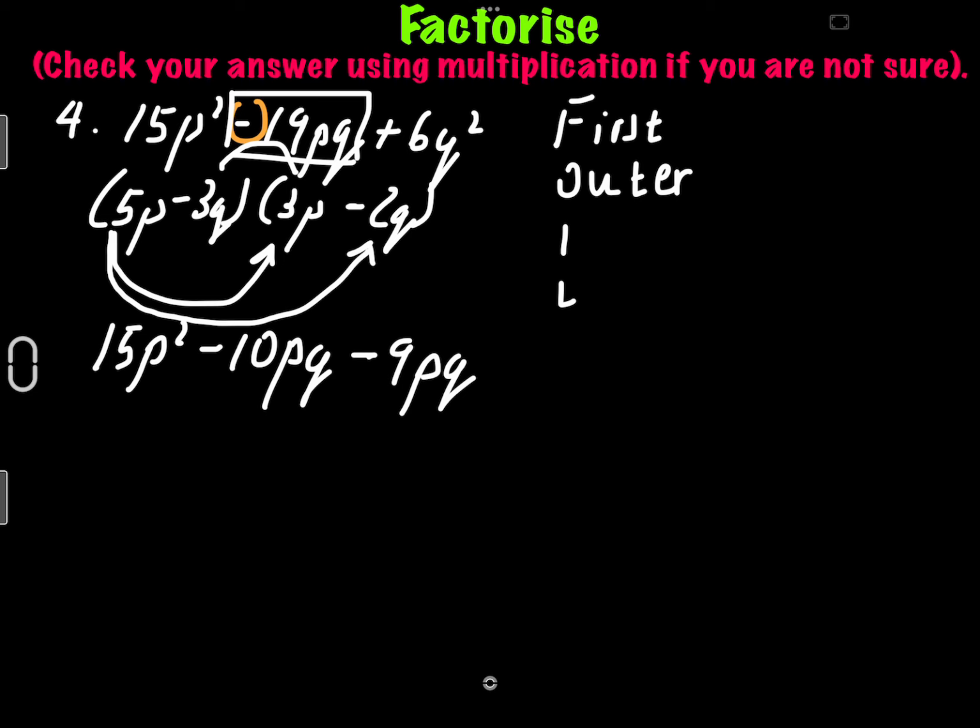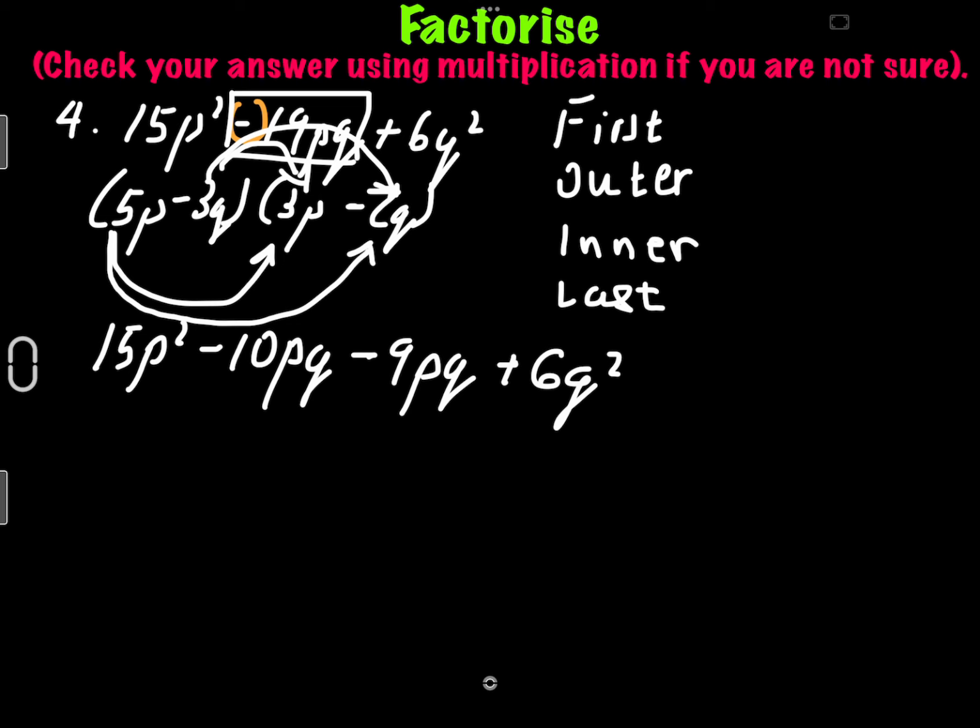Now, lastly, we need to multiply our last terms. The last term now becomes negative 3q multiplied by negative 2q, which gives us positive 6q squared.